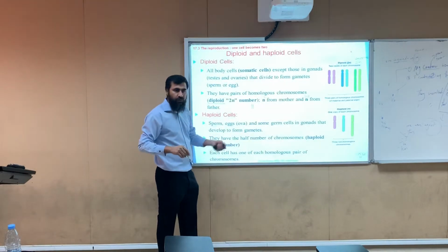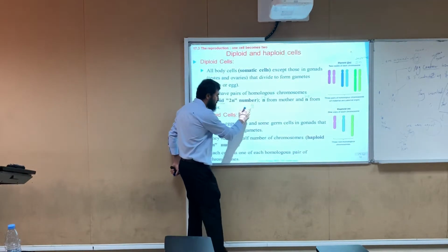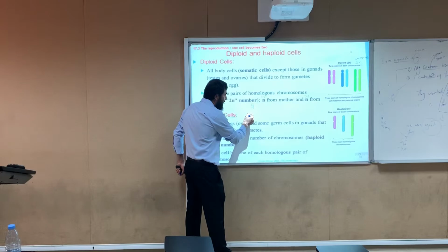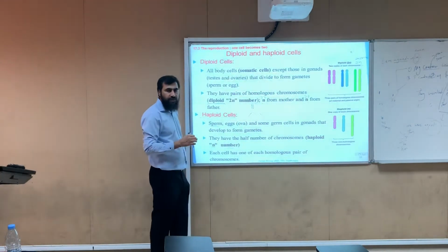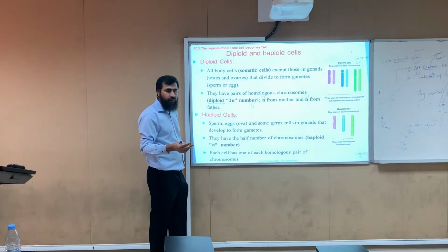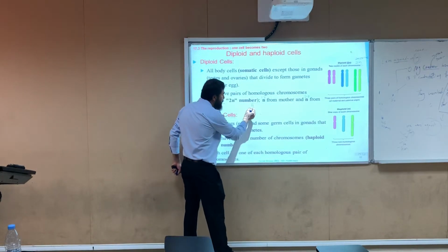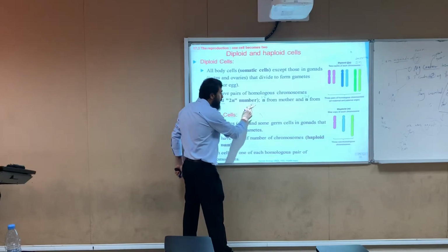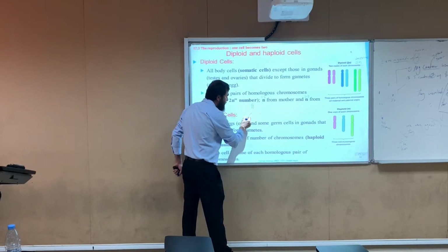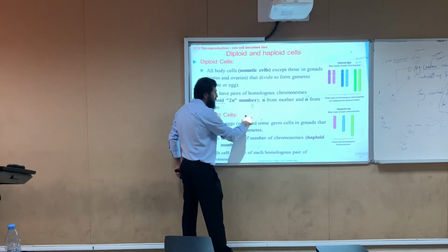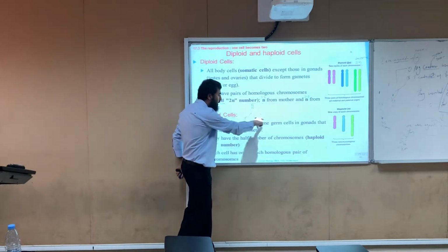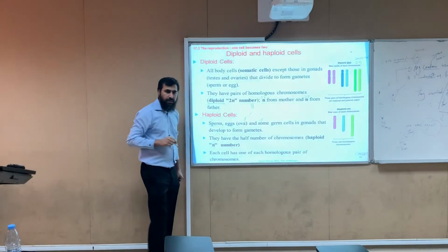But in sperm, you get 4 functional gametes. When the cell divides to form the sperm, the homologous chromosome pairs separate during the cell division. So you end up with 1 chromosome in each of the sperm, 1 versus 2.